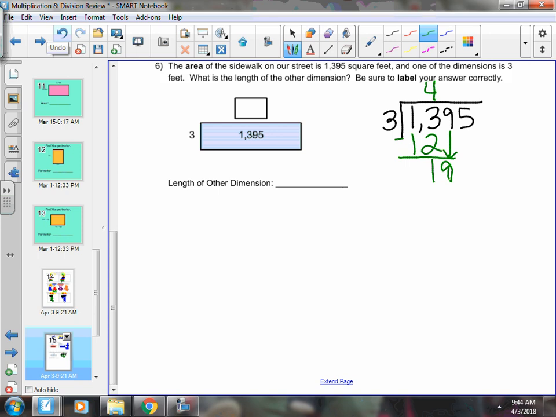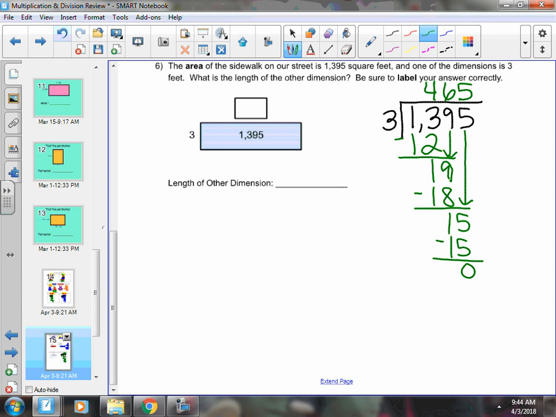Three goes into 19. 3 times what gets us really close to 19? Ooh, 3 times 6 is 18. Subtract. Bring down. How many groups of 3 can we make from 15? 5 groups. Multiply. 5 times 3 is 15. Subtract. There's nothing to bring down. That's when you know you're done.